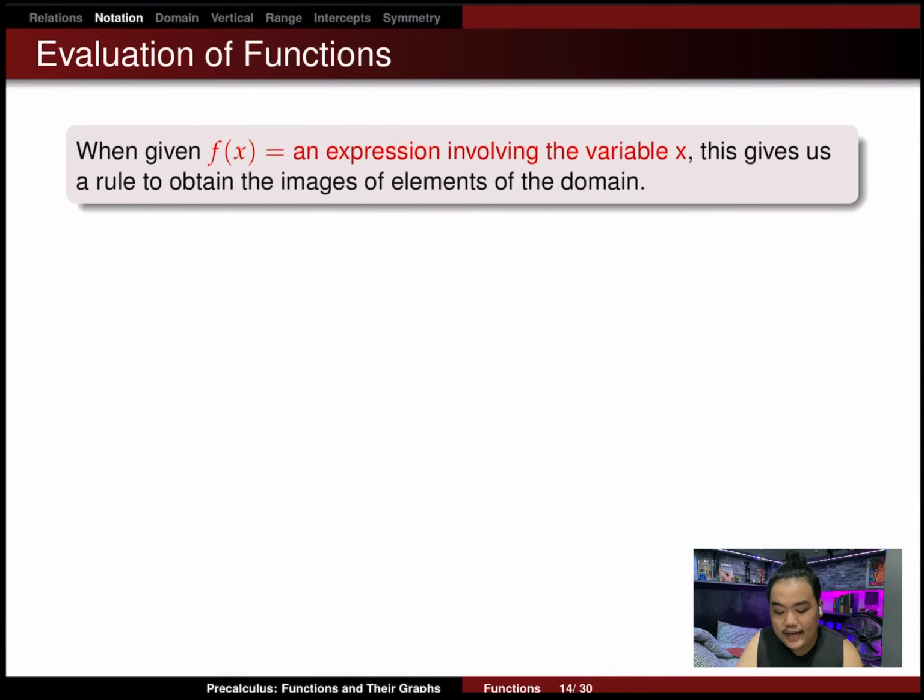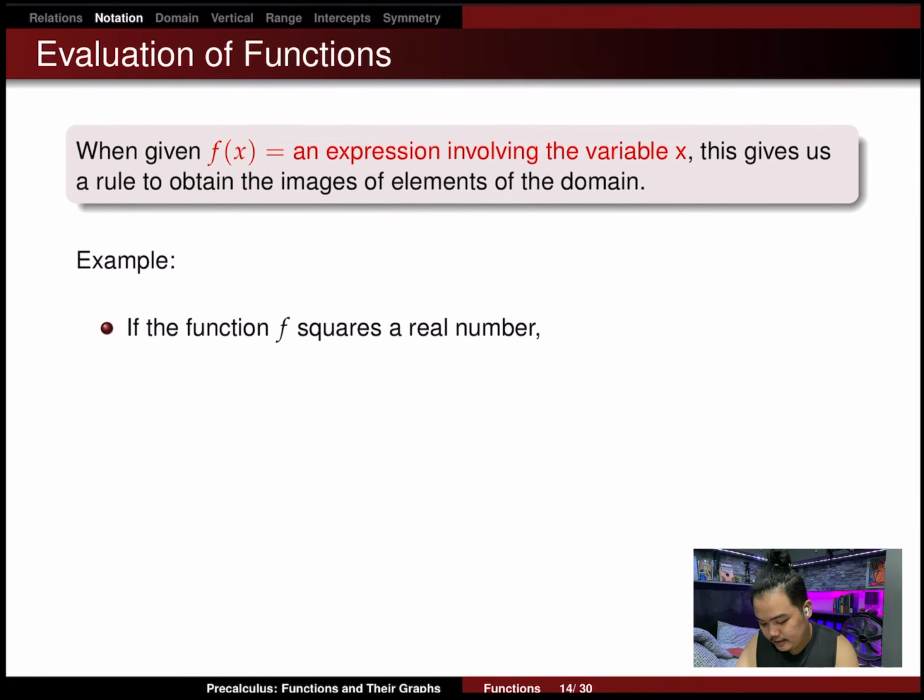Okay, so let us evaluate functions naman. So, if you are given f of x, which is an expression involving the variable x, this gives us a rule to obtain the images of elements of the domain. So, meaning, kapag binigyan ka ng x, nalalaman mo yung kapartner niyang y, which is given by this rule. Yun lang yung sinasabi niya.